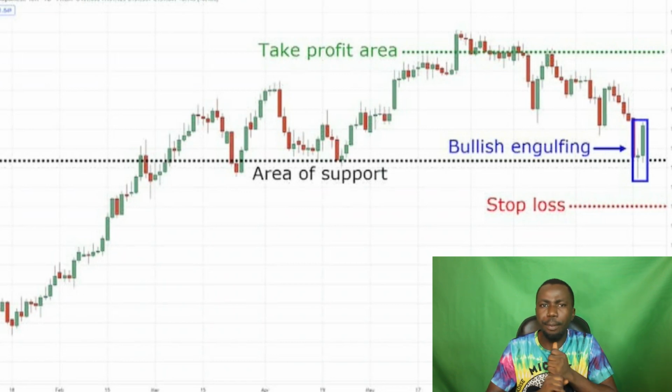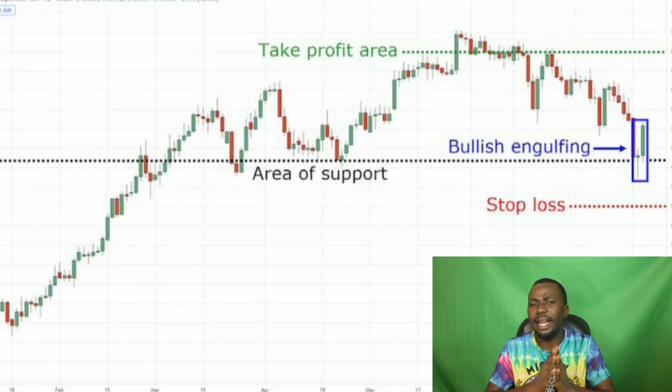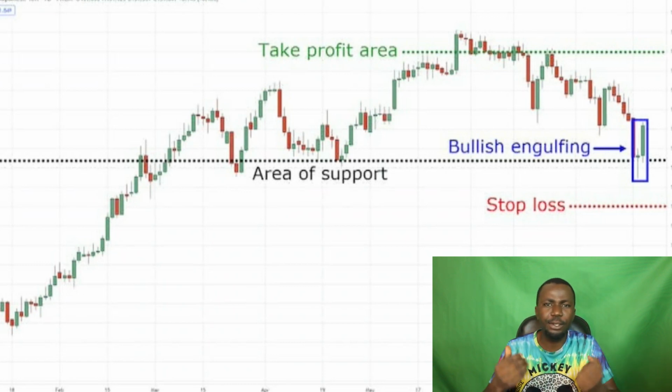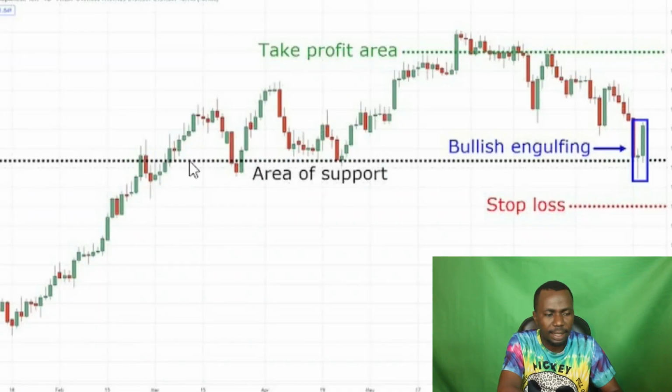It can be a bullish engulfing pattern, a hammer, a bearish engulfing pattern, or a shooting star. When you identify the candlestick pattern, it gives you a confirmation that the price will go in your direction.